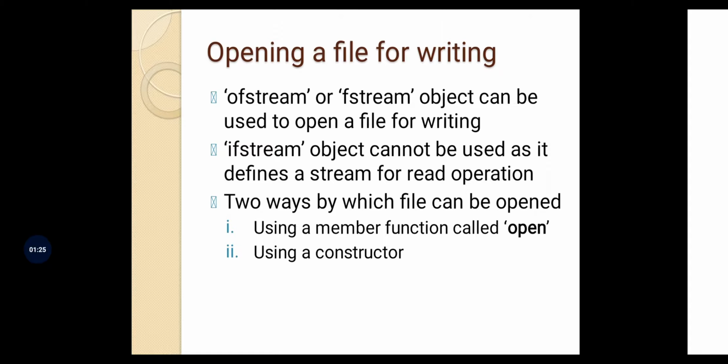So when you are creating an object of the stream classes, you can directly open a file by passing an argument into a constructor, or alternatively you can create an object of the stream class and then invoke the open member function, which is a built-in function of the class, and using it you can pass arguments and open a file, right?